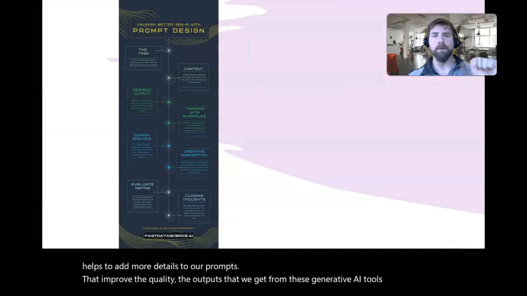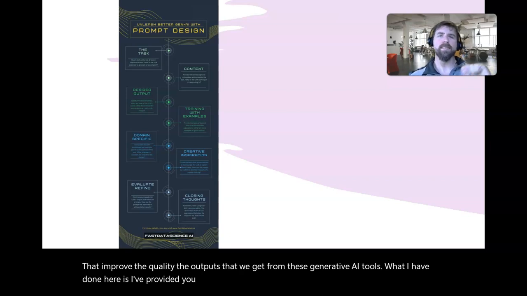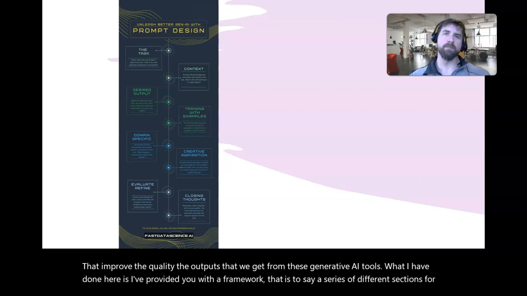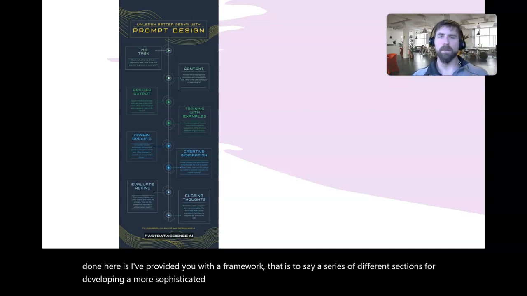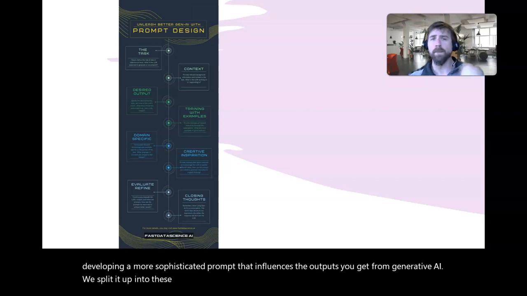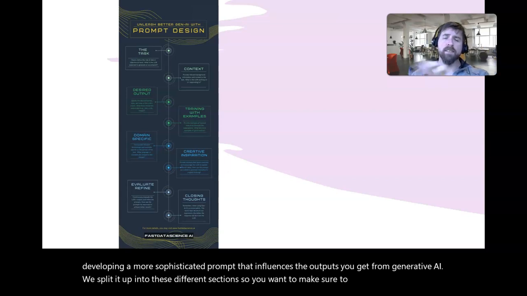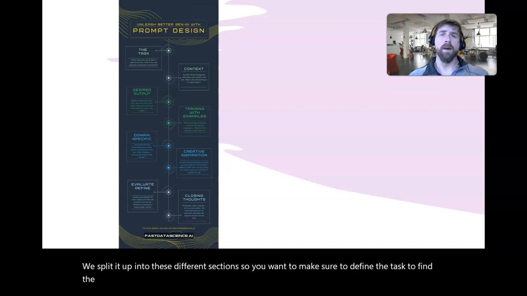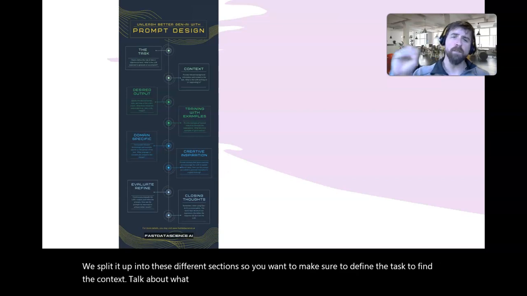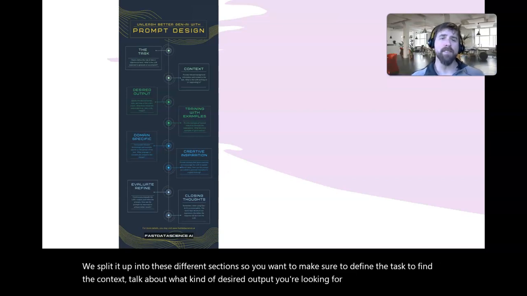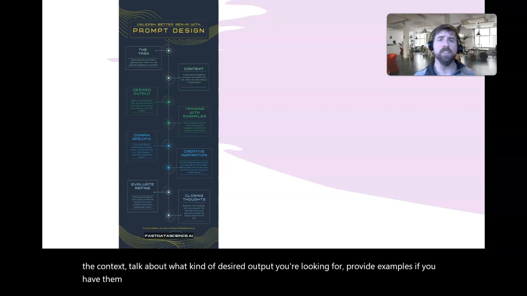What I have done here is I've provided you with a framework, that is to say, a series of different sections for developing a more sophisticated prompt that influences the outputs you get from generative AI. We split it up into these different sections, so you want to make sure to define the task, define the context, talk about what kind of desired output you're looking for, provide examples if you have them, domain-specific terminology, and where possible, maybe even some creative inspiration.